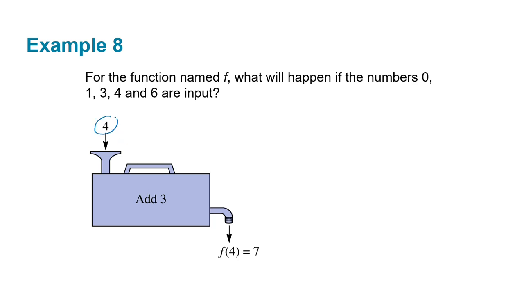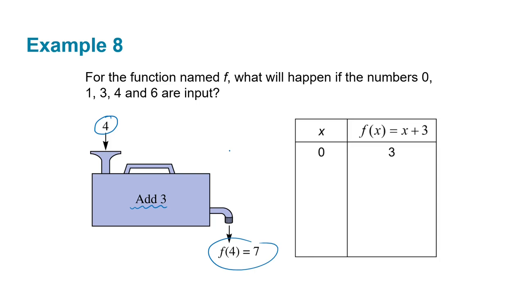If I were to input 4, the machine would add a 3 to it, and we would get f of 4 is equal to 7. So let's construct a table of this function. If x was 0, we plug in a 0, add 3 to it, we get a 3. If x was 1, we add a 3 to a 1, we get 4.